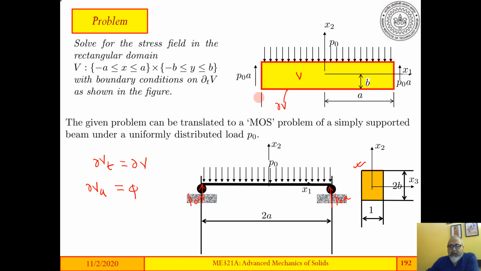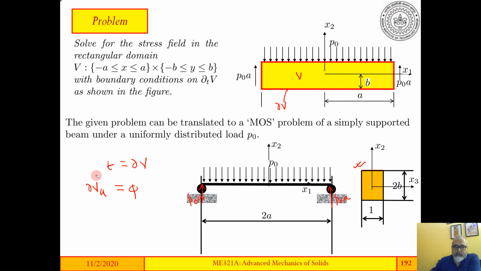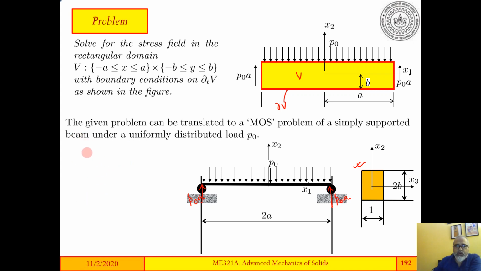Now, on different parts of this boundary, the boundary conditions are different. For example, on the lower edge, the normal has components of 0, minus 1. That's the normal components.